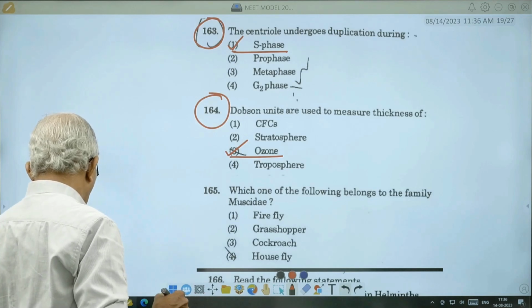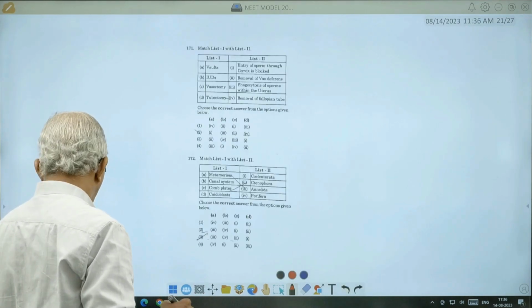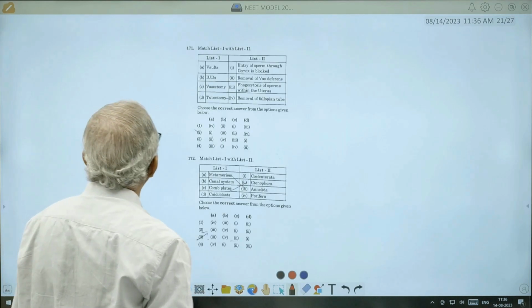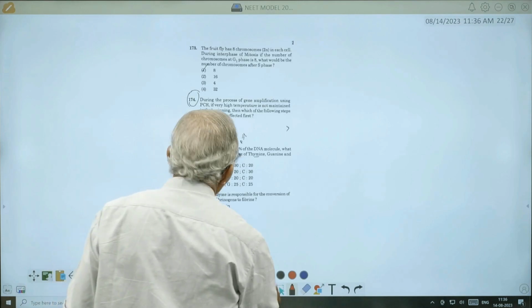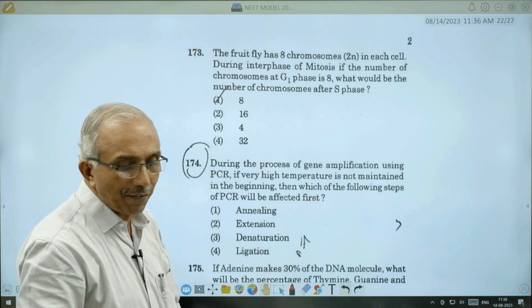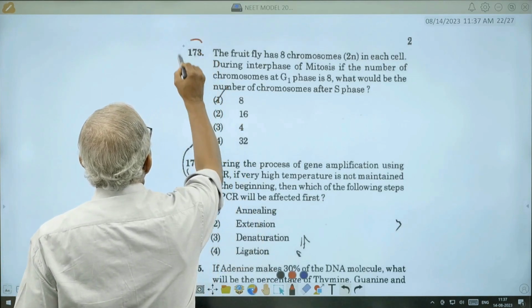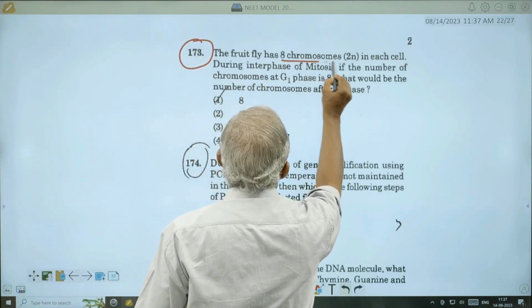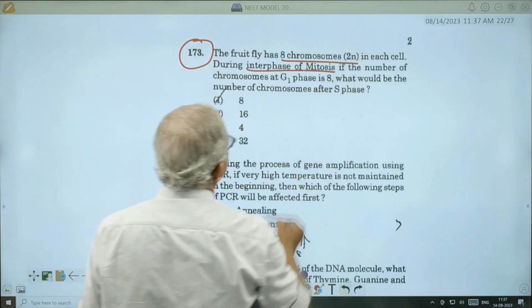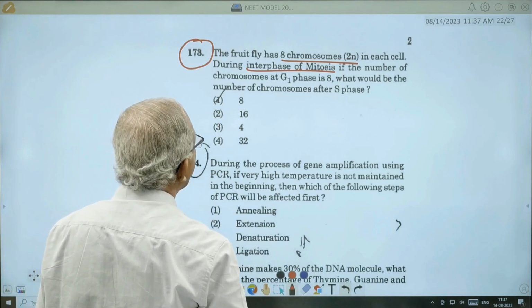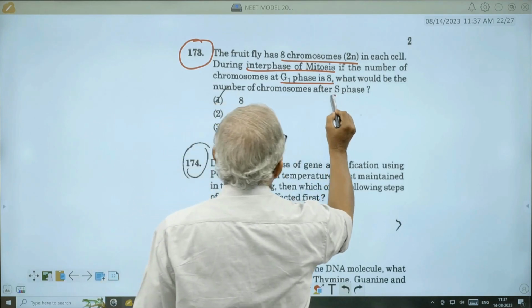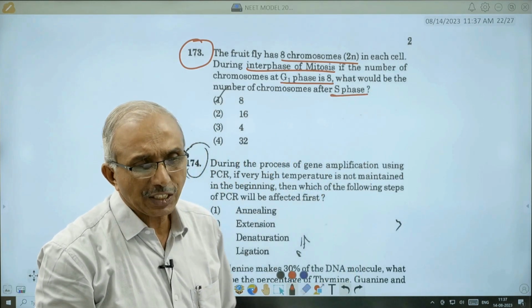Next 2 pages do not contain botany questions. 170, next page, botany question, that is 173. If a fruit fly has 8 chromosomes in the interphase of mitosis, if the number of chromosomes at G1 phase is 8, what will be the number of chromosomes at S phase?